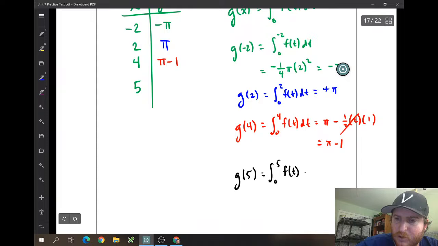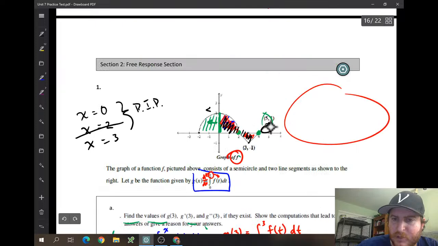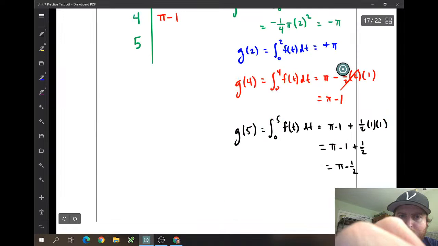So now let's just add on this new section, which is 1/2 times 1 times 1. We had pi minus 1 already, and let's add on 1/2 times 1 times 1. We're adding it because it's above the axis. That's pi minus 1 plus 1/2. Negative 1 plus 1/2 is minus 1/2. So pi minus 1/2.